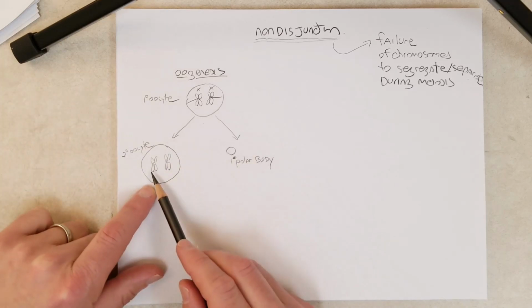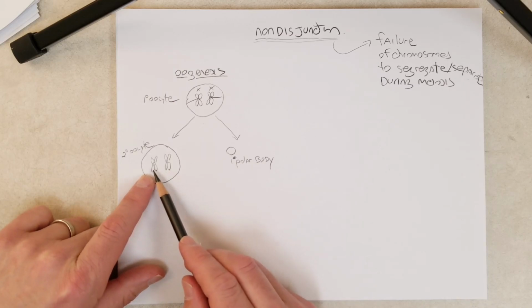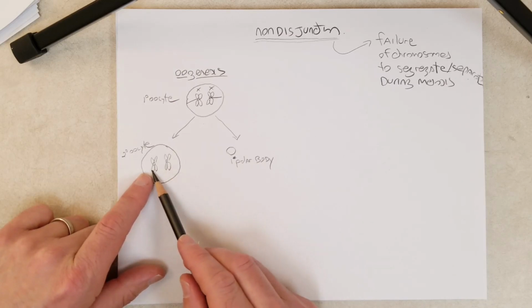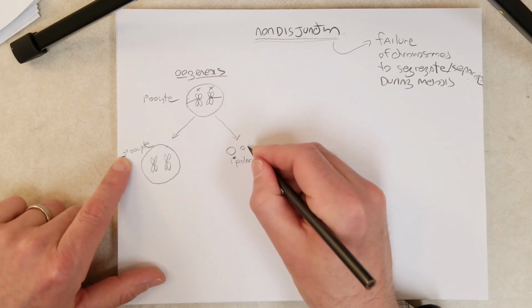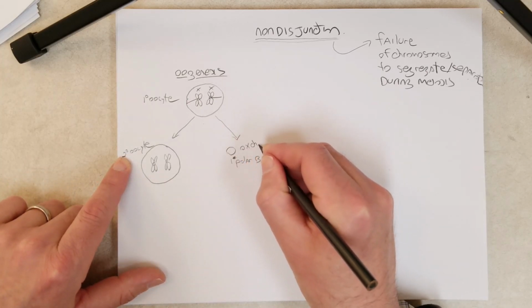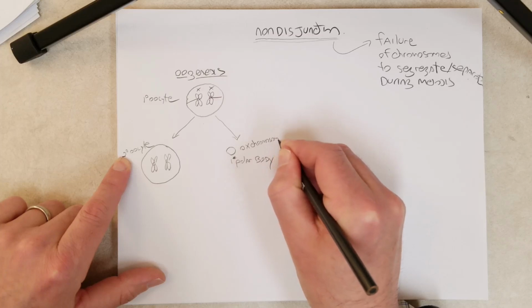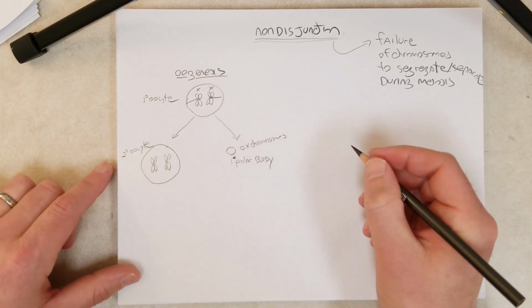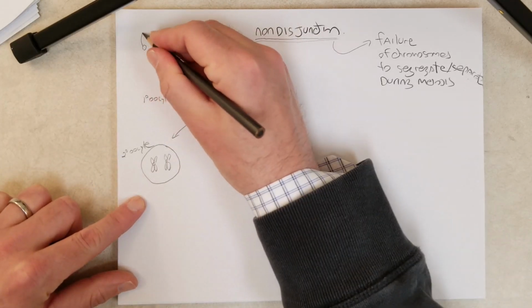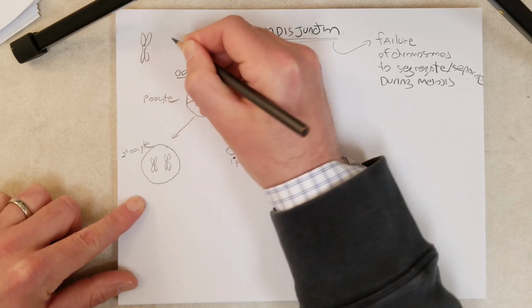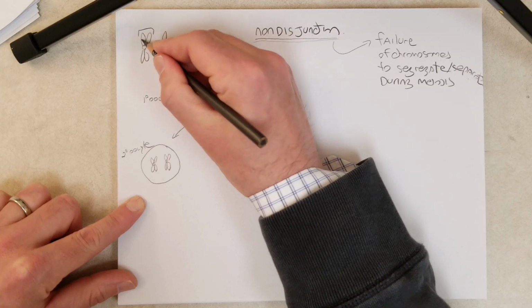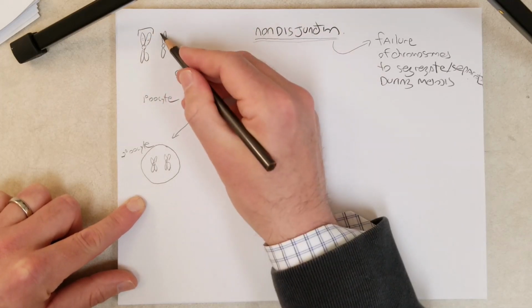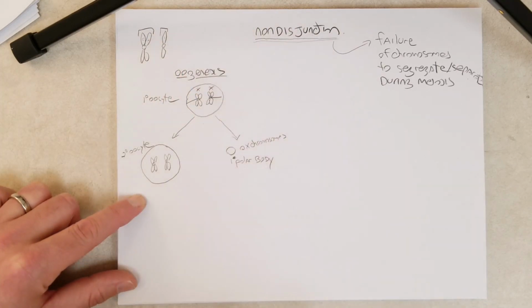So now we have 4 X chromatids, 1, 2, 3, 4, 2 chromosomes but 4 chromatids in the secondary oocyte, and 0 X chromosomes or chromatids over here in the polar body. Now remember, this is a single chromosome, this is a single chromosome, these are 2 chromatids here. This is a chromosome with 1 chromatid.